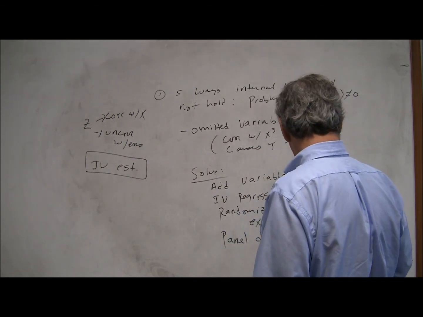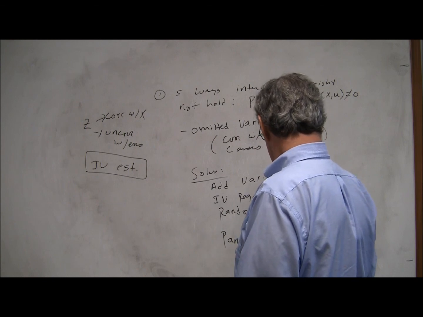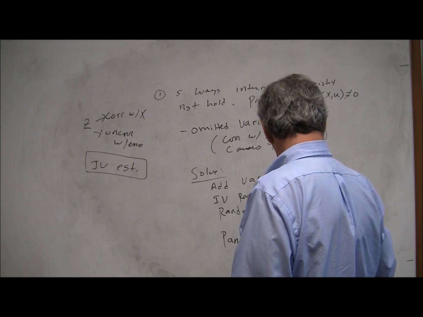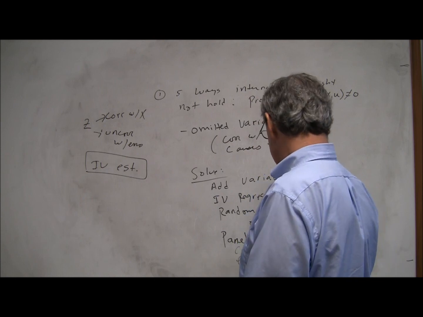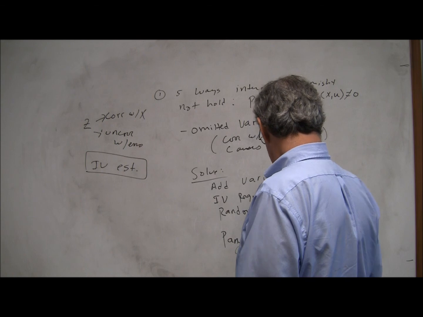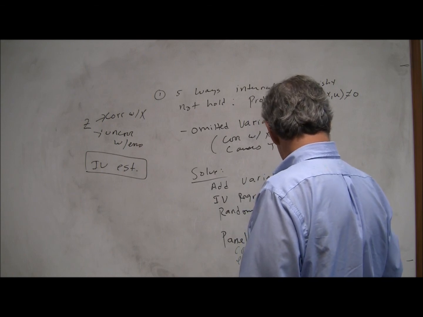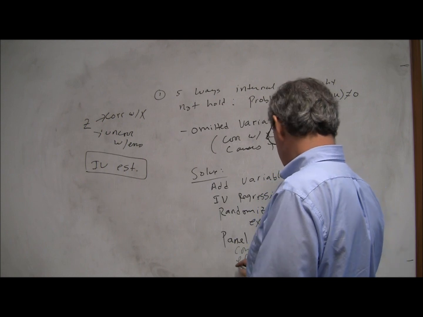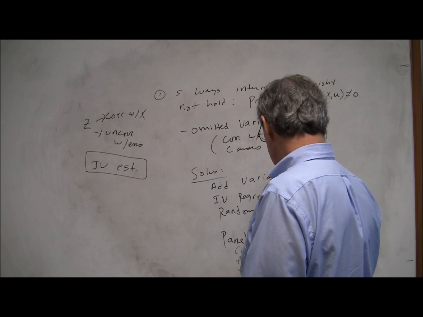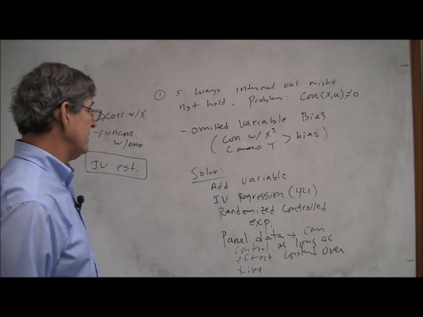You can control for this in panels as long as the effect is constant over time. Don't worry about that too much at this point, because we haven't really talked about panel data at all in this class. And that's not something you do a lot of in 421, but you do a little bit.